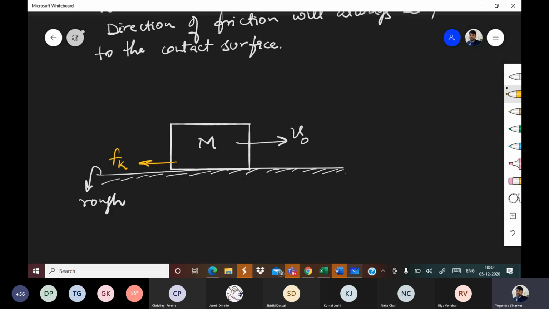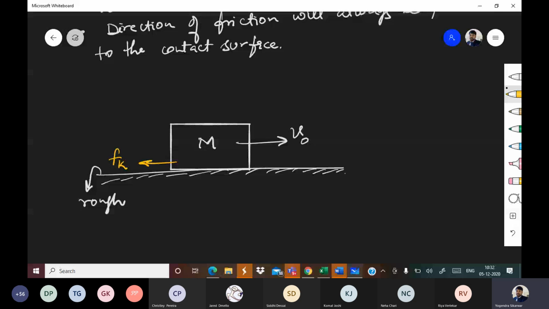As the motion which you are observing is actually happening between the ground and object, the friction acting between these two will be kinetic. What kind of friction will be there? Kinetic friction. Why? Because there was a relative motion occurring between the object and ground.